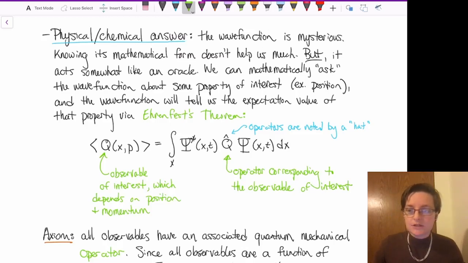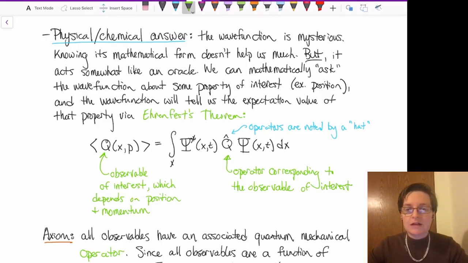And so in addition to this Born interpretation of a connection between the wave function and probabilities, we're also going to learn that the wave function acts sort of like an oracle. By oracle, I mean that we can mathematically ask the wave function about some property of interest, and the wave function, as long as we do the correct math on it, will spit back to us not the value of that property, but the expectation value of that property.